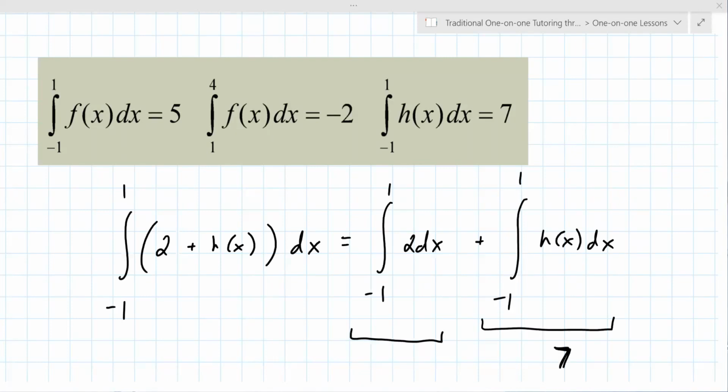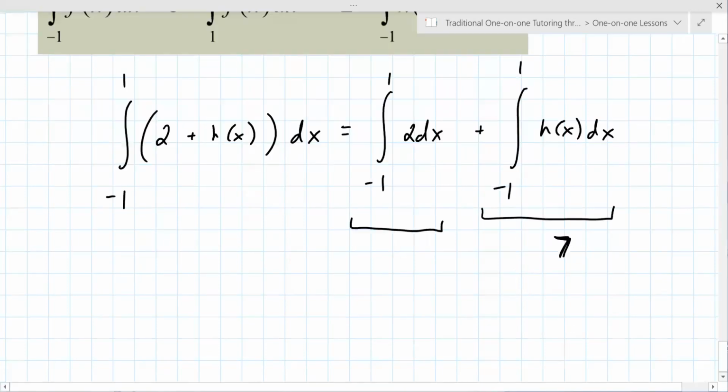So 4 plus 7, which is 11. Yes. It's 1 minus -1 times 2 if you need to do that. 4 plus 7, which is 11.